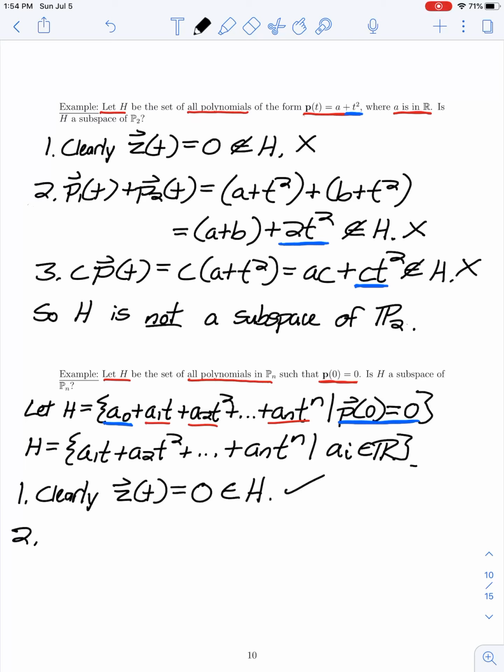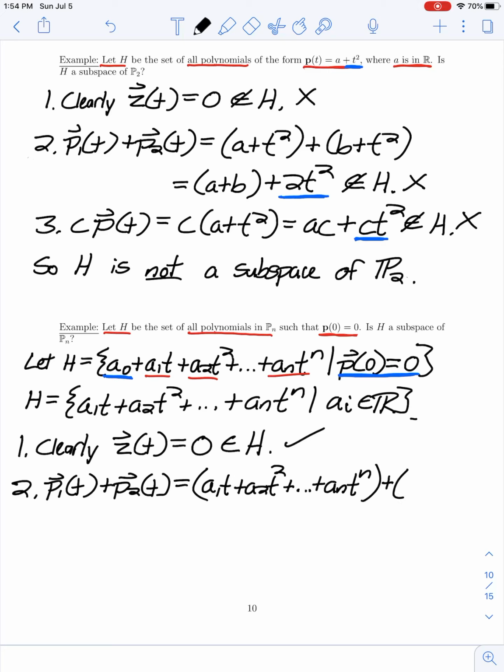Condition 2 is that it's closed under addition. So let's say that we're taking the sum of two polynomials, p1 and p2, within this set. We would have something of the form a1t plus a2t squared, and so on, up through an t to the n, plus, for p2, we might have something of the form b1t plus b2t squared, and so on, up through bn t to the nth.